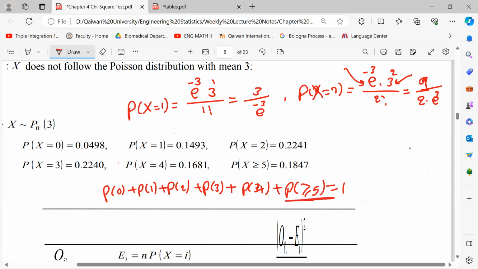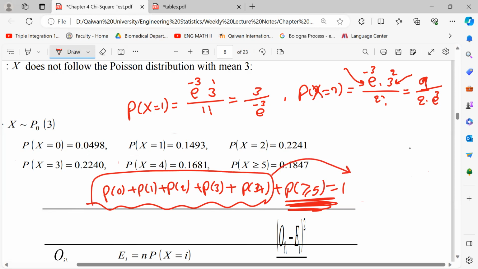How to get this one? Only this one is unknown. We already found these all. We move these to the other side, and we get probability of greater than or equal to 5 is 1 minus the sum of all the other probabilities. We find the sum of this.